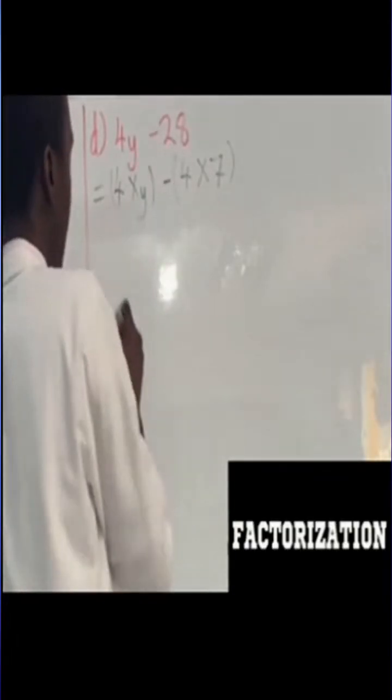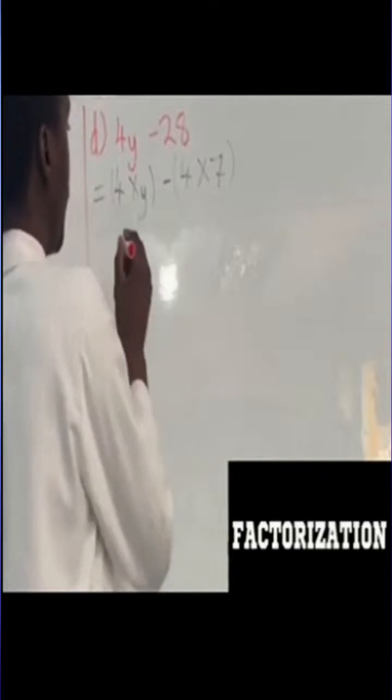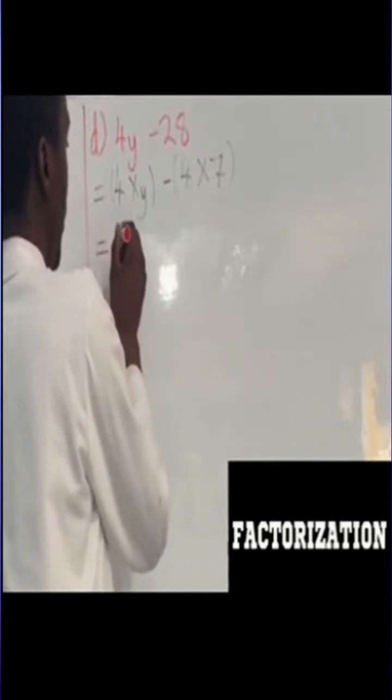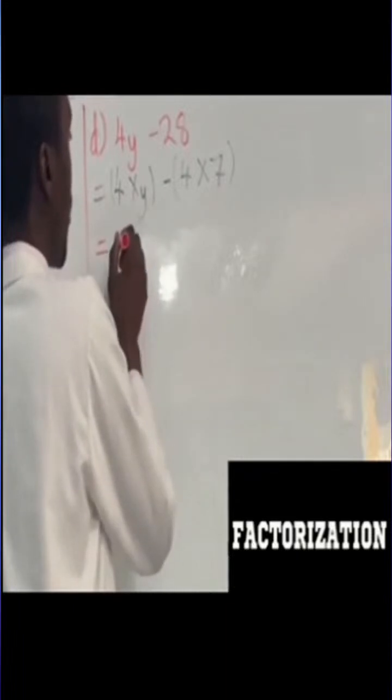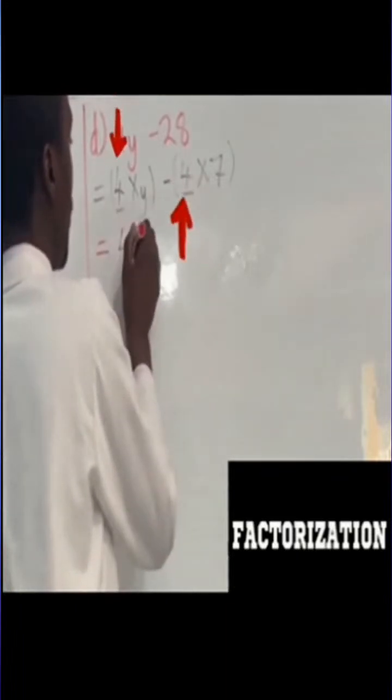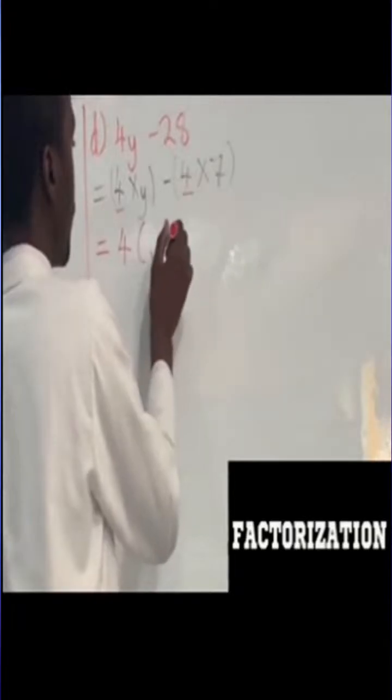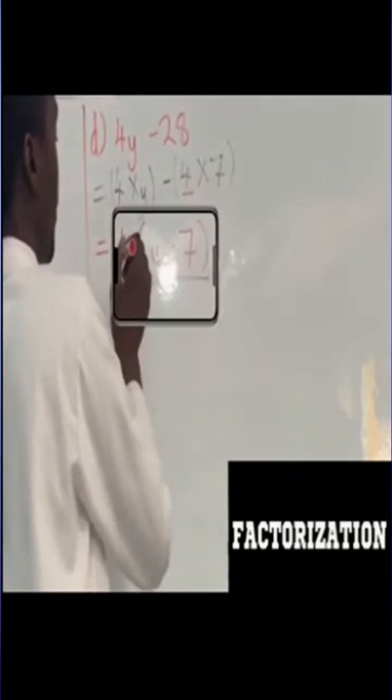So we factor out the 4 and then right outside the bracket, it's going to be 4 bracket y minus 7. So that will be our factorized form. Right, let's continue to look at the examples.